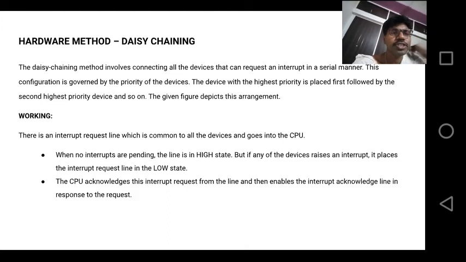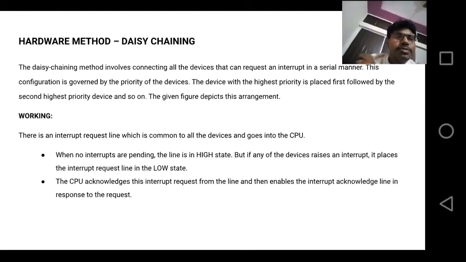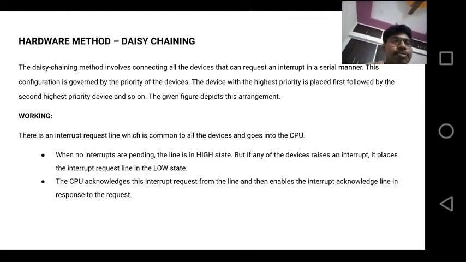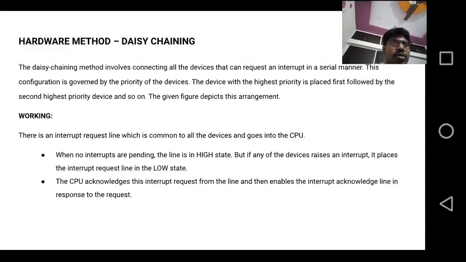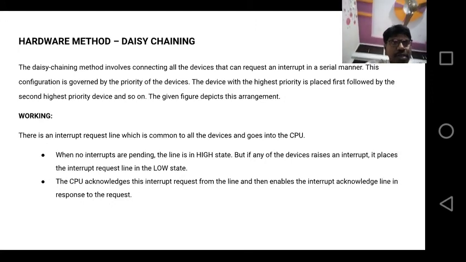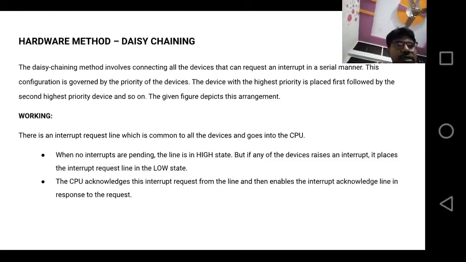So what daisy chain says is, if a device has any interrupt to be serviced, then it has to process it first. So how does the daisy chaining method work?